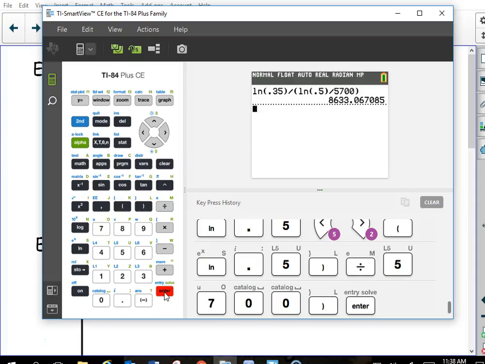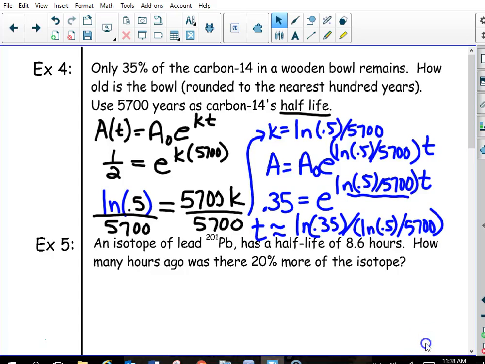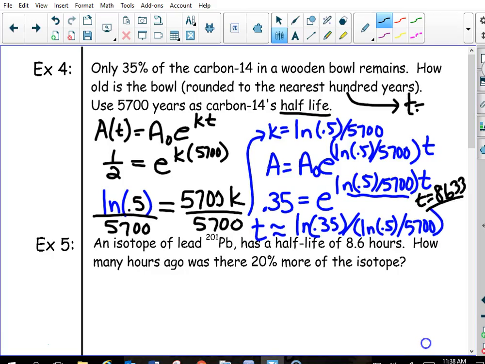So the bowl looks like it's at 8,633 years. I think they ask you to round it to the nearest 100 years. So that's going to be t equals 8,600.